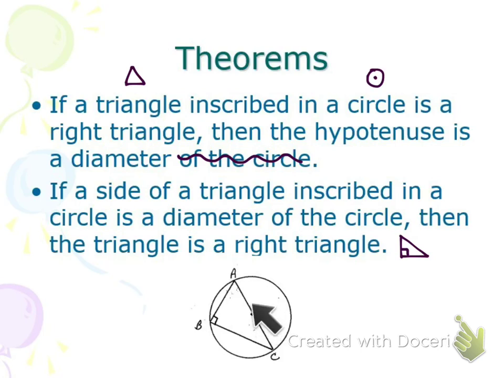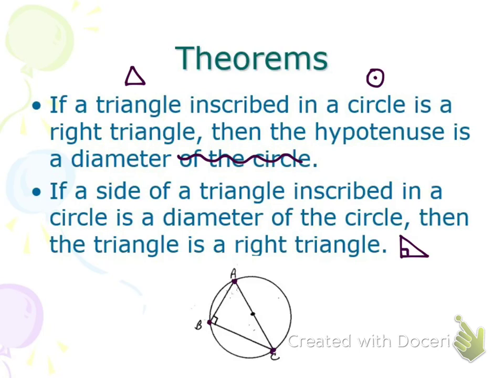So if we look at the diagram that they gave us, you'll notice that the triangle is inside of the circle. All the vertices, A, B, and C, are on the circle. It's a right triangle. So the hypotenuse, which is across from the right angle, that would be AC, is a diameter because it goes through the center of the circle.